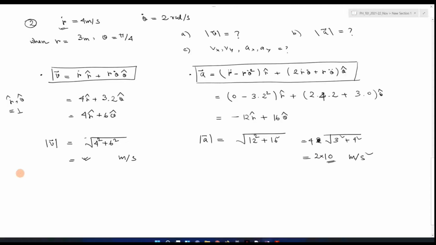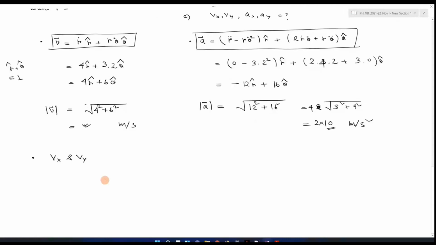Next part, we have to find what is Vx and Vy. How to find that? We have to change to the Cartesian coordinate system. If you know how to write r cap and θ cap in terms of x cap and y cap, it's done. So for that, we need to draw the system again.